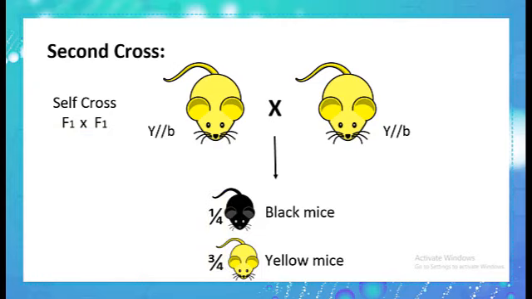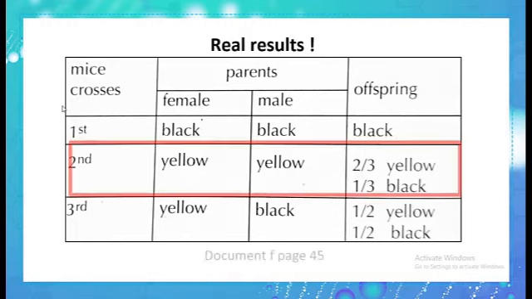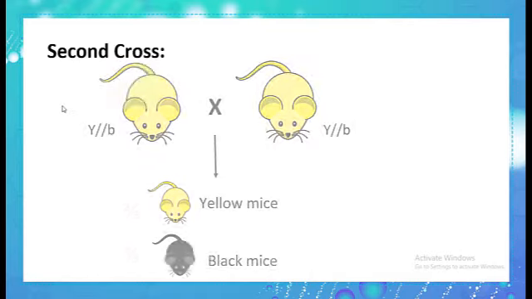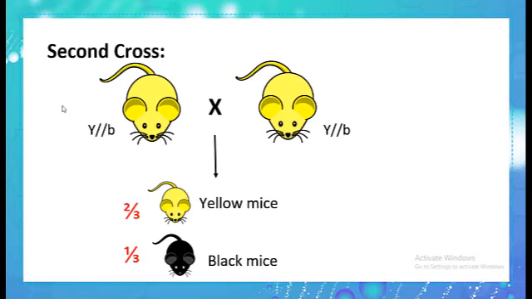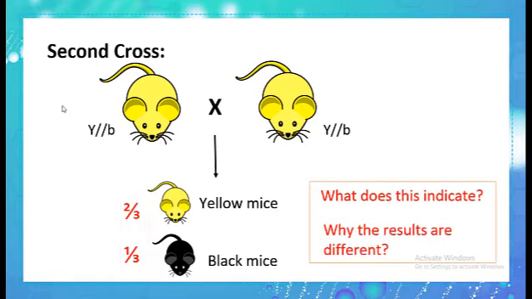But this is not the real result of this particular cross. Referring to document F of your books, you can see the proportions obtained from the second cross. Actually, this cross gives 2/3 yellow mice and 1/3 black mice. What do these proportions indicate, and why are they different than the expected ones?